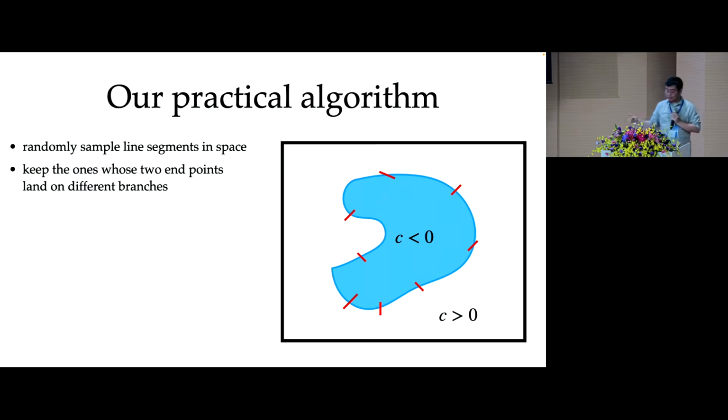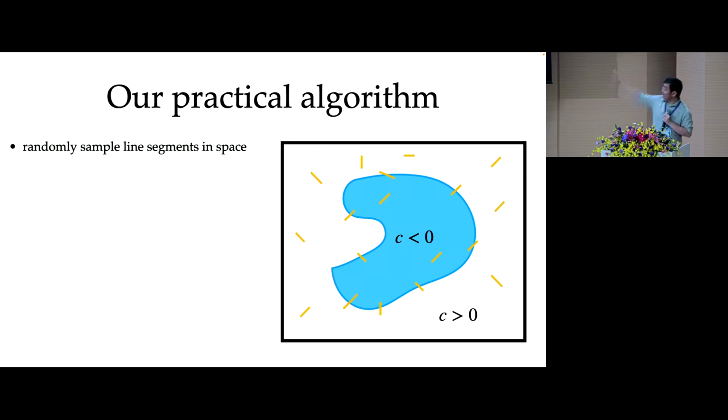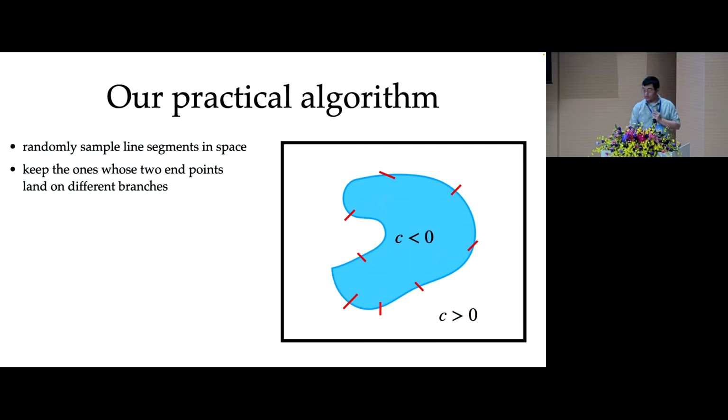Because we have access to the programs, when we evaluate the two endpoints of each line segment, if they fall into different branches in our program, then they detect an edge. This is why it's called a fancy edge detection algorithm. All the other line segments that didn't intersect with the curve are not important, and we only keep the ones where the two endpoints land on different branches.